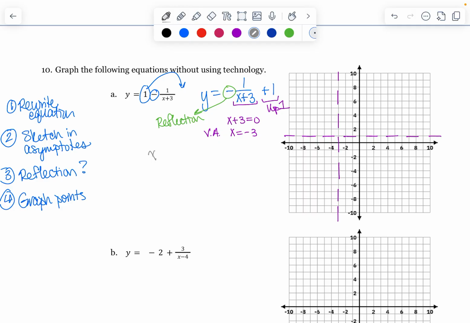So I'm going to make a table. And since my vertical asymptote is at -3, I'm going to put that in the middle of my table because I want some points on either side of my vertical asymptote. So I'm going to do -2.5, -2, and -1. So 3 on one side, and I'll also do 3 on the other.